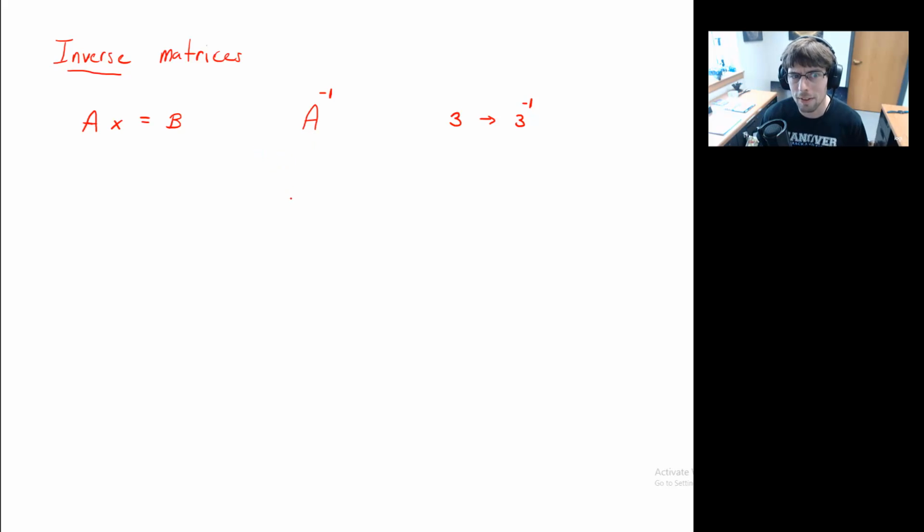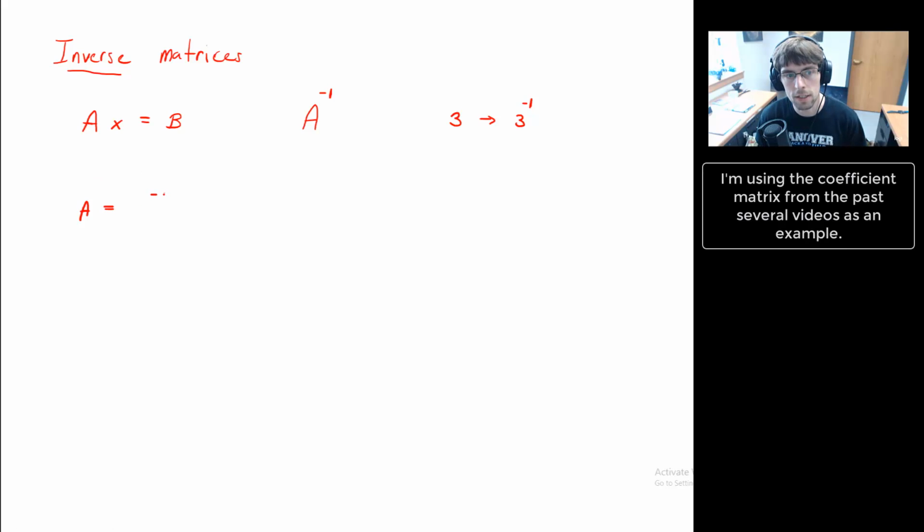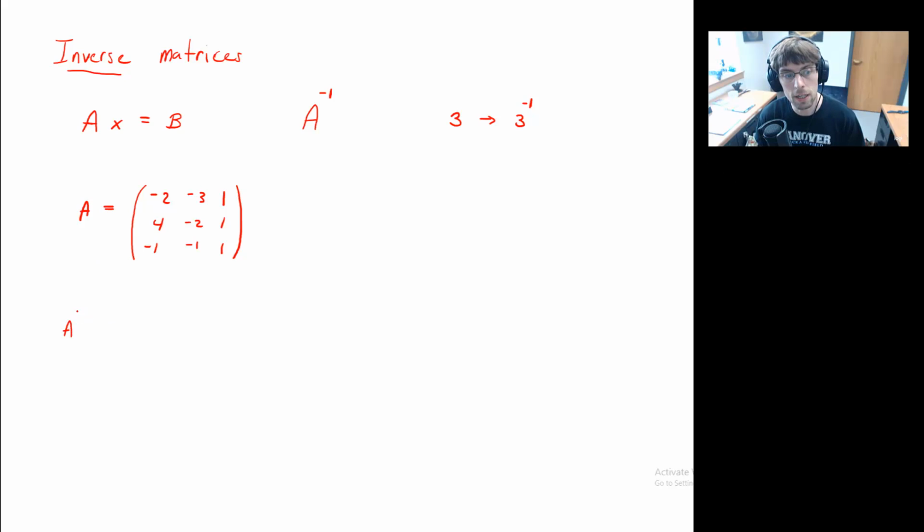You're probably thinking, well, let's go ahead and use the old coefficient matrix. So if my coefficient matrix is [-2, -3, 1; 4, -2, 1; -1, -1, 1], can I simply write the inverse of that matrix as the inverse of the individual numbers?